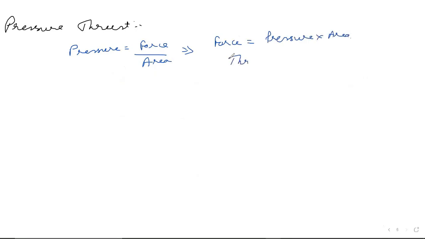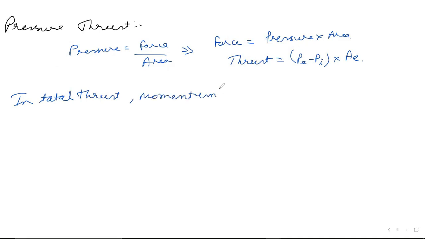That's why this formula came: thrust equals PE minus PI, the change in pressure, into exit area. That's called pressure thrust. In total thrust, momentum thrust is more than 75 to 80%, and the rest is pressure thrust.